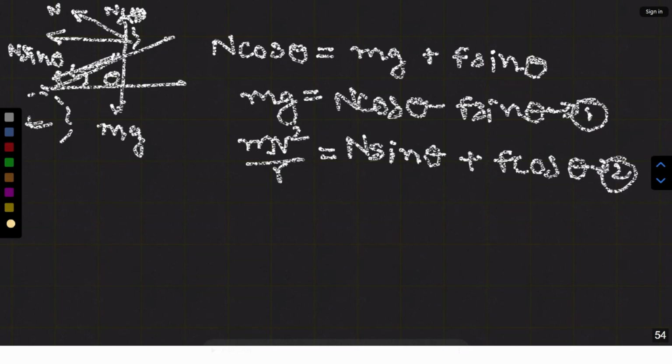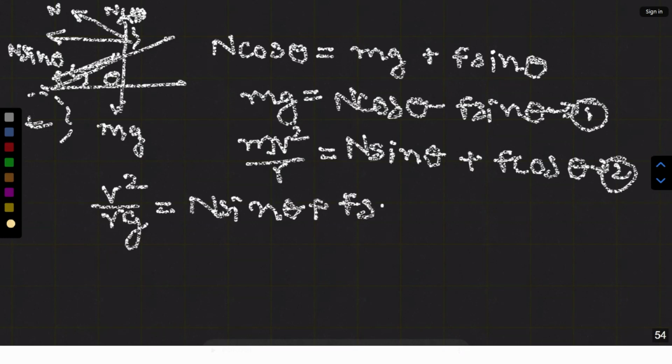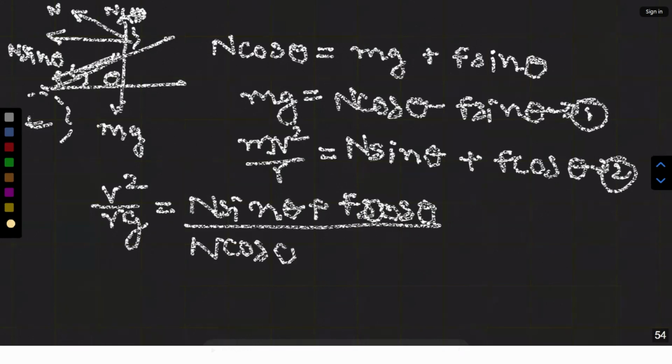Okay. So dividing equation 1 and 2, you'll get v square by rg is equal to N sine theta plus f cos theta divided by N cos theta minus f sine theta.